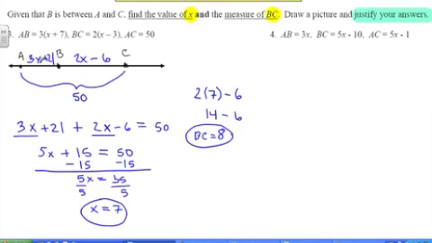Well, if I plug in right here for AB, I'm going to use a different colored pen to do my justifying here. AB would equal 3 times 7 plus 21. And 3 times 7 is 21, and 21 plus 21 is 42.